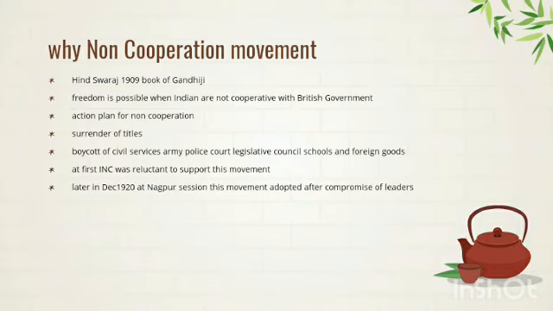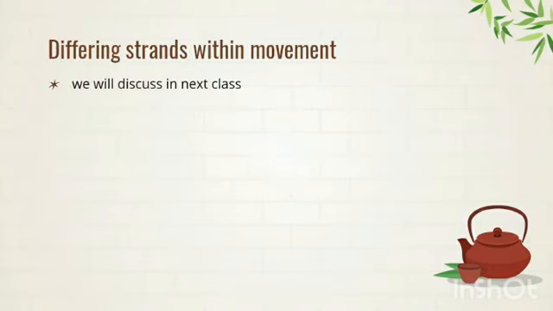Next, under Mahatma Gandhiji's leadership, the non-cooperation movement and Khilafat movement began in full force. Okay, dear students, in tomorrow's class we will discuss what the differing strands within the movement are. Thank you, students.